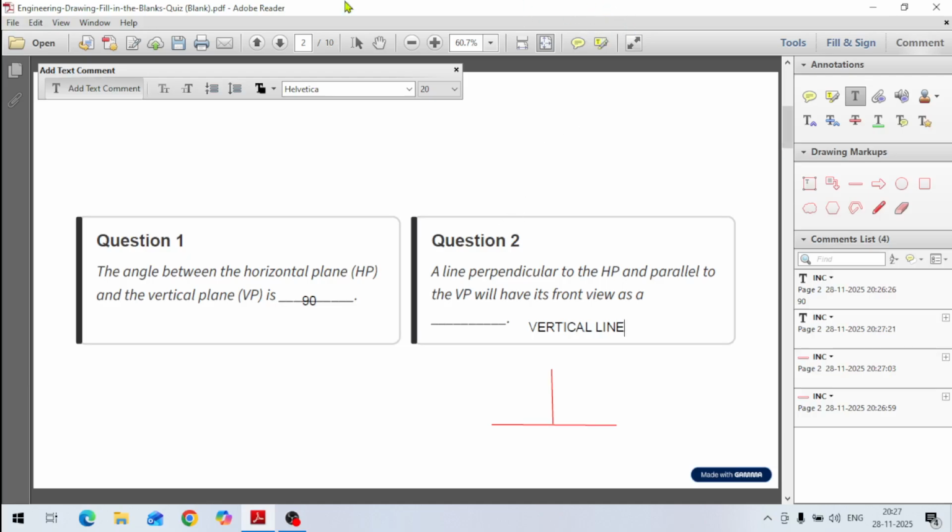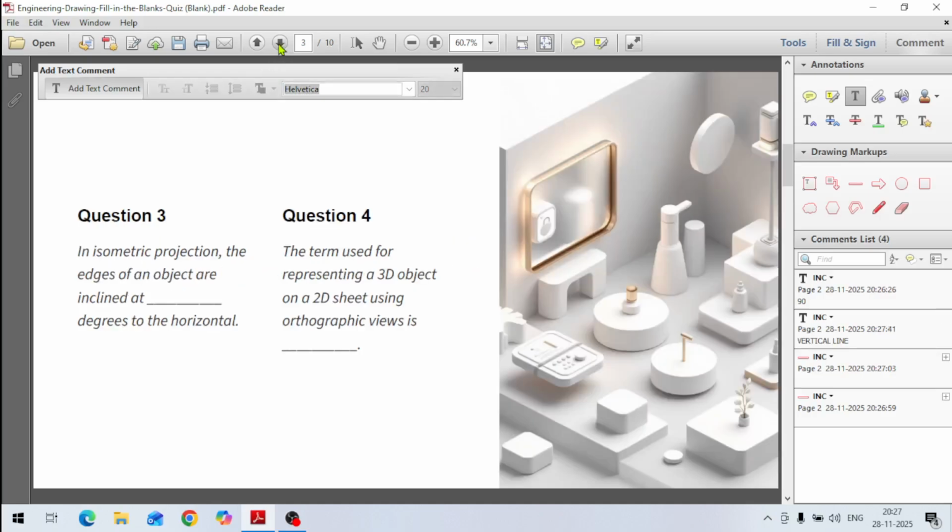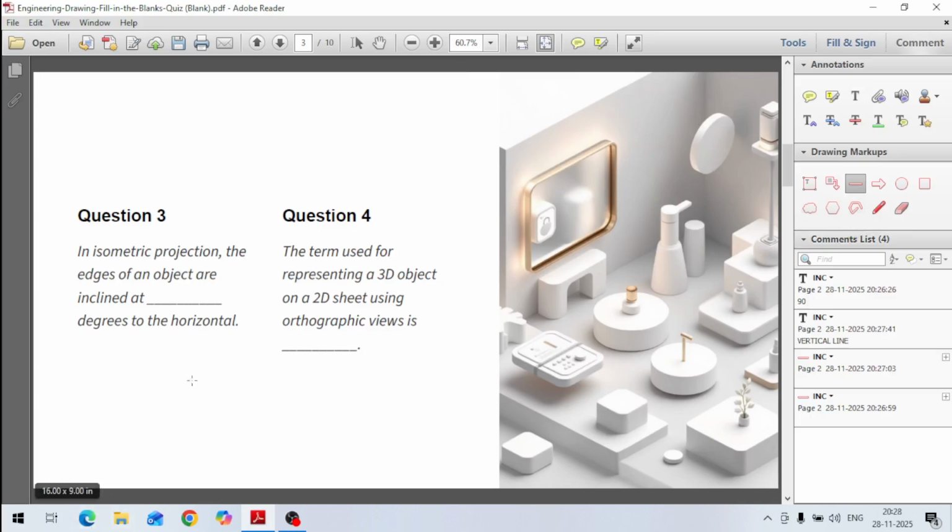And the next question is: in isometric projection, edges of an object are inclined at blank degrees to the horizontal. If I draw a line like this, say this is a horizontal line, and these are angles at 30 degrees.